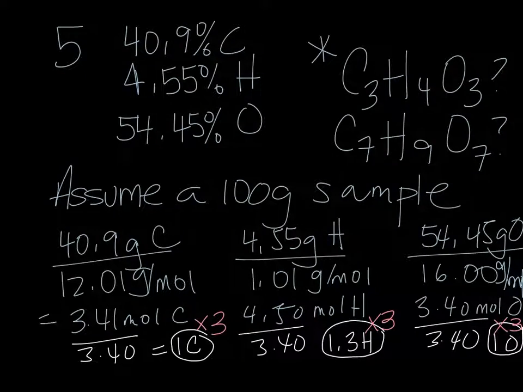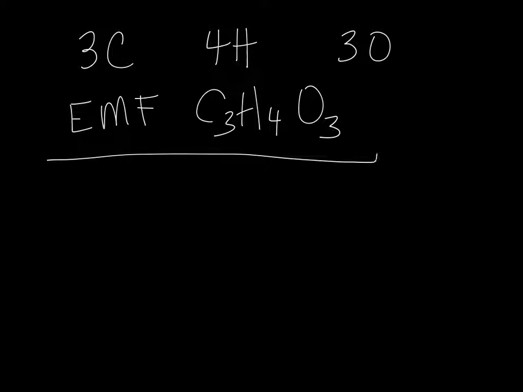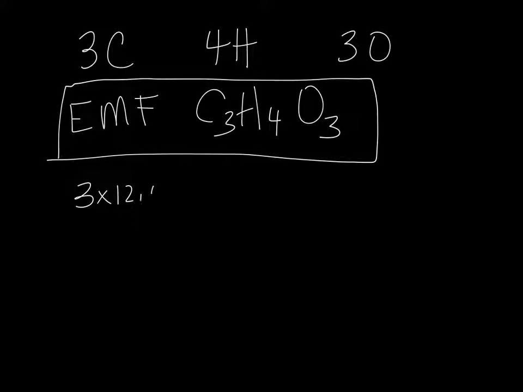So we end up with C3H4O3. So now what you have to do, find the molar mass of this empirical formula. 3 times 12.01, 4 times 1.01, 3 times 16.